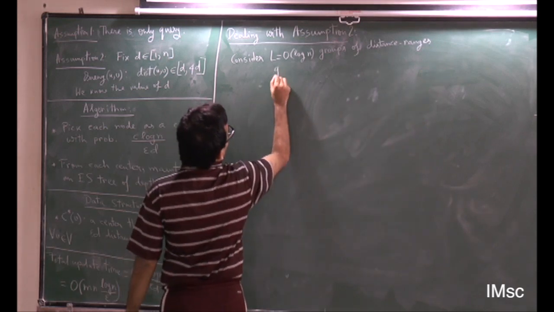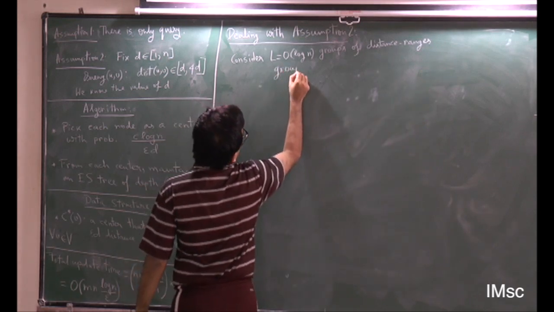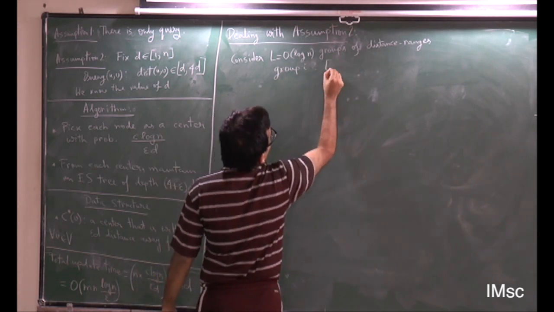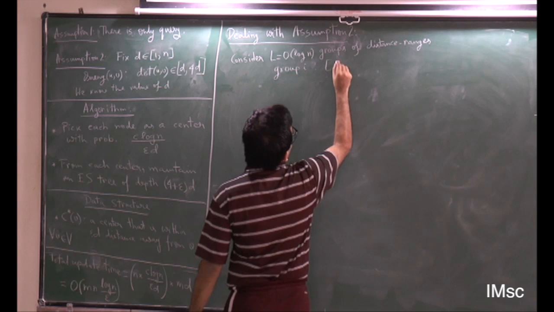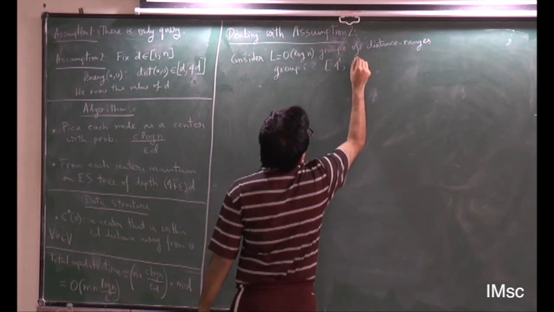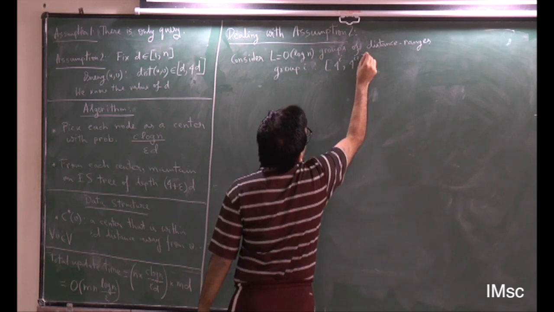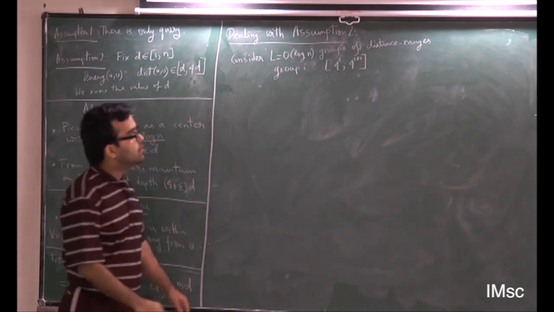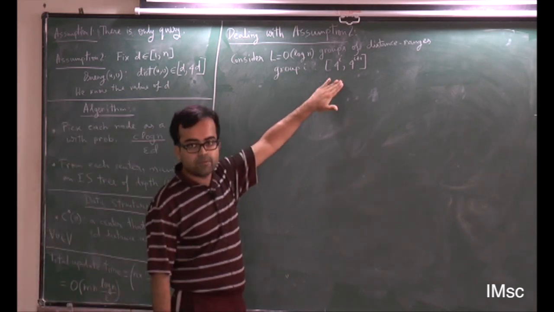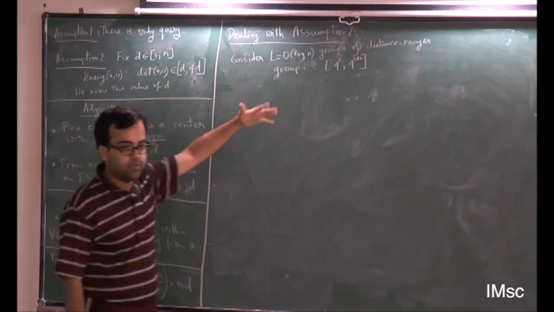So, group I will look like this. It starts at say 4 to the power I and it ends at 4 to the power I plus 1. So, since you are doubling this thing in powers of 4, there will only be order log n many groups.